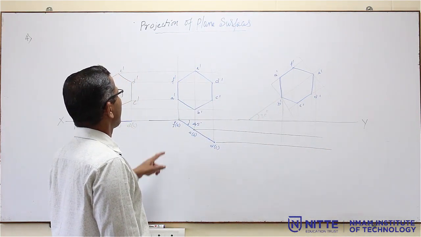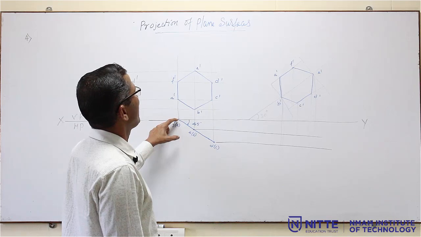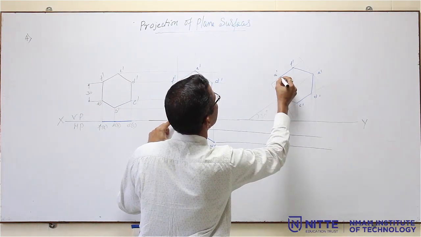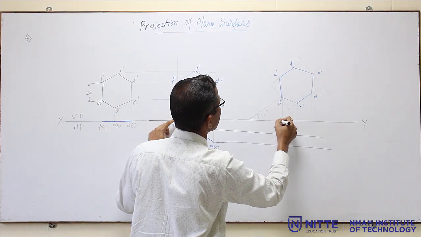Now, you have to mark the points, start from A. A is on here, where is A dash? A dash is somewhere here, it will come like this.